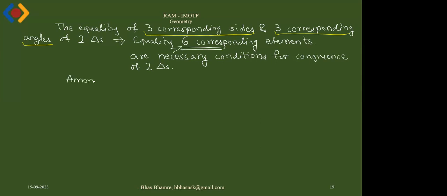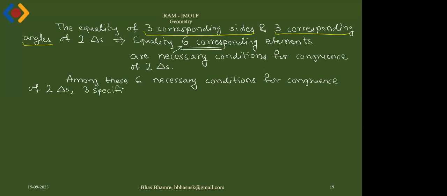Among these six necessary conditions for congruence of two triangles, if three specific conditions are true, then also those two triangles would be congruent.